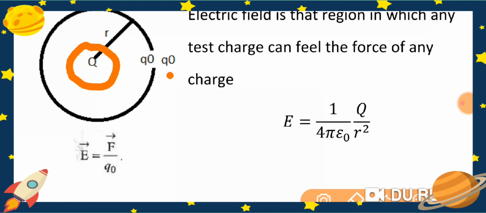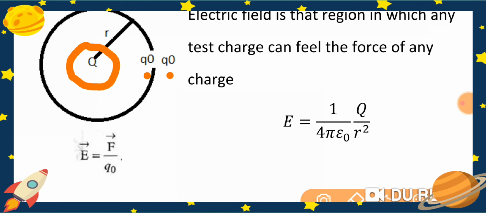Now Q naught is at a place where it will not feel any type of force of attraction or repulsion. But as soon as this test charge comes here, it feels some force of attraction or repulsion.